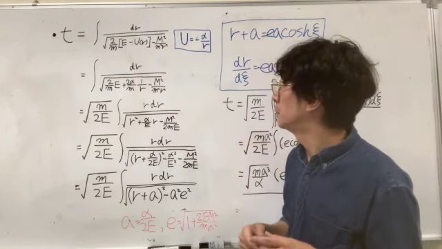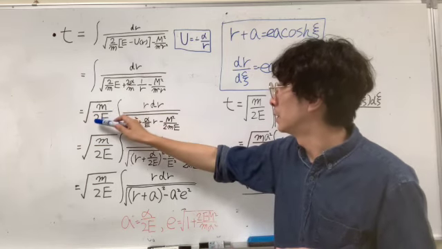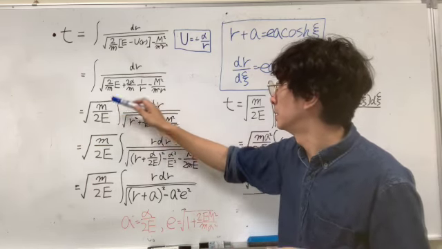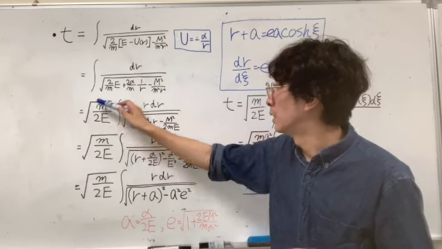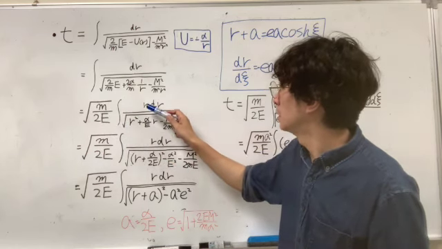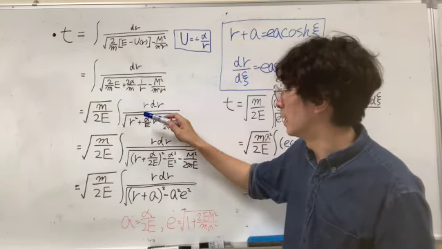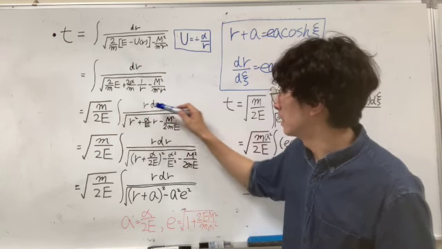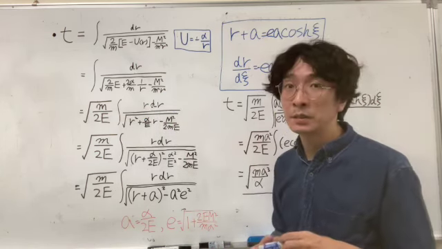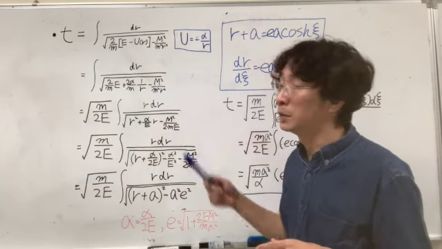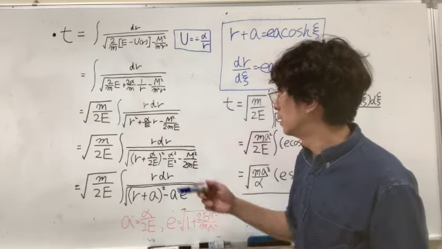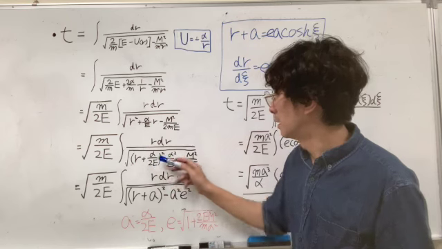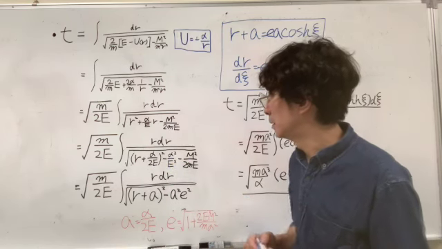In the next step, we take the m divided by 2E term out from this equation. Then we can take this term here, and also we simplify this equation as a function of r. Then we can get this equation. As you can see, this term is a polynomial of r. By stacking this term like this, we can simplify this equation.